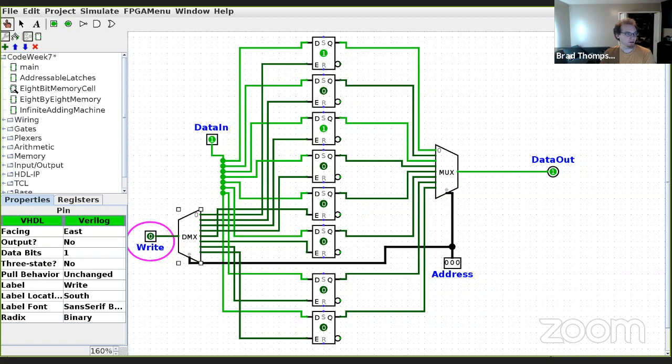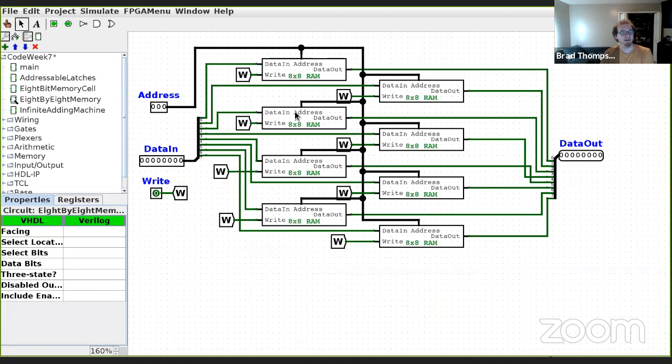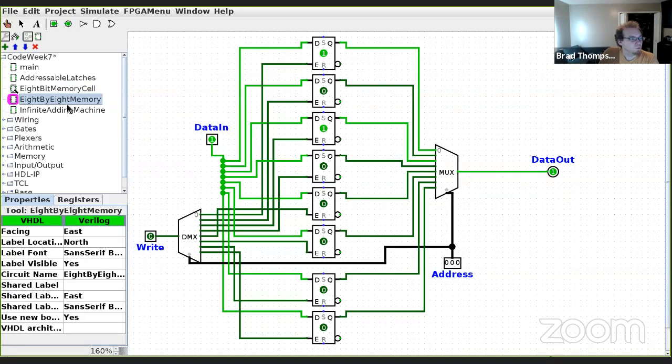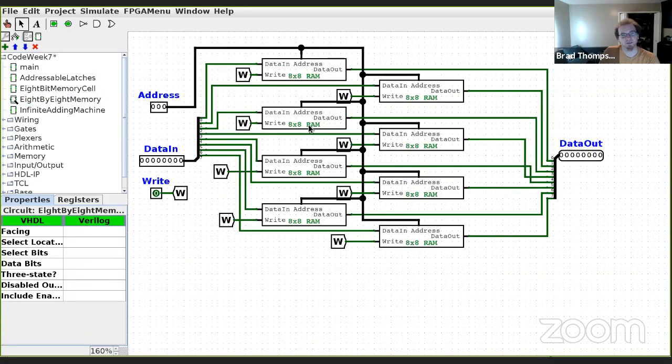So if we stick 8 of those together, we now have what the book would call an 8x8 RAM array.